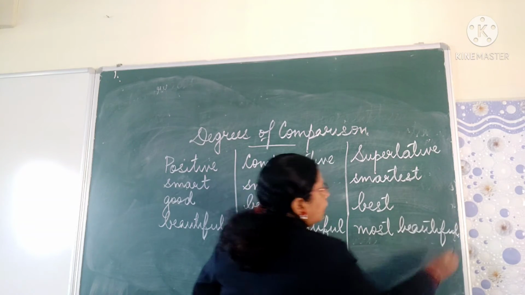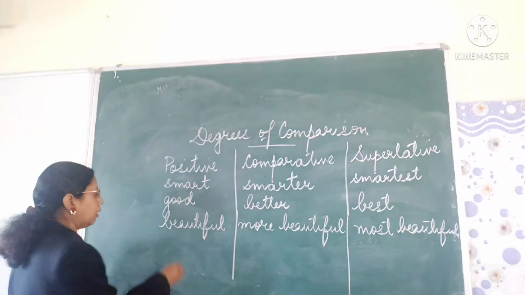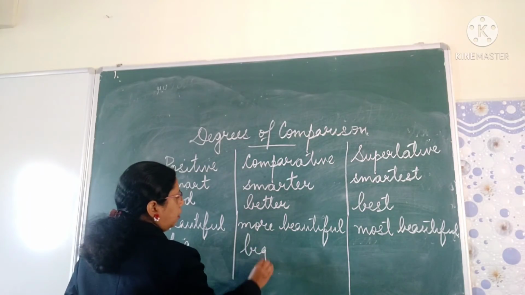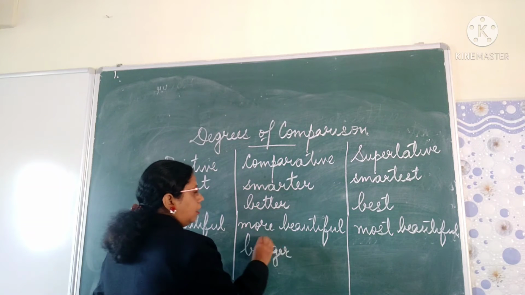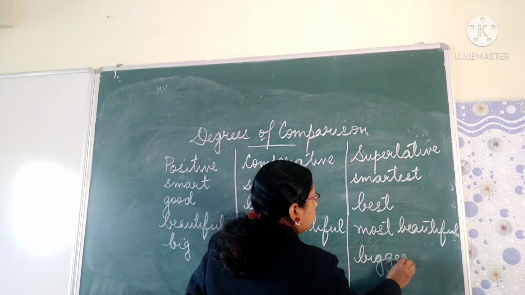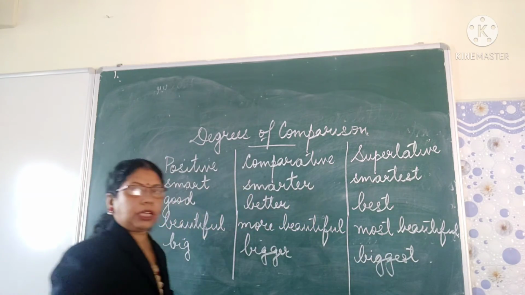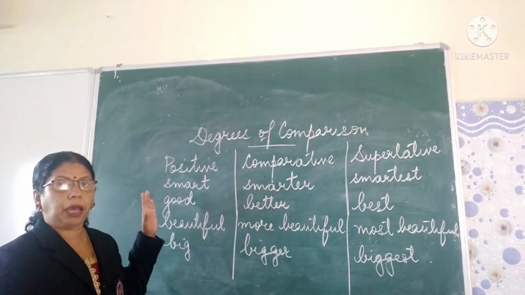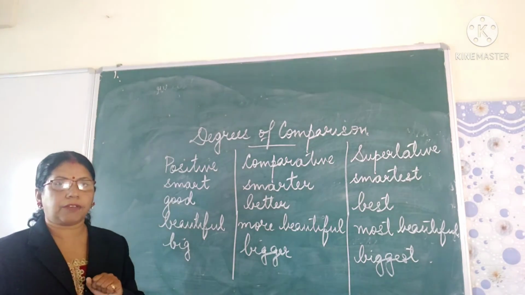Then you have big, bigger, biggest, where you add a double g. Now these are the degrees of comparison of adjectives.